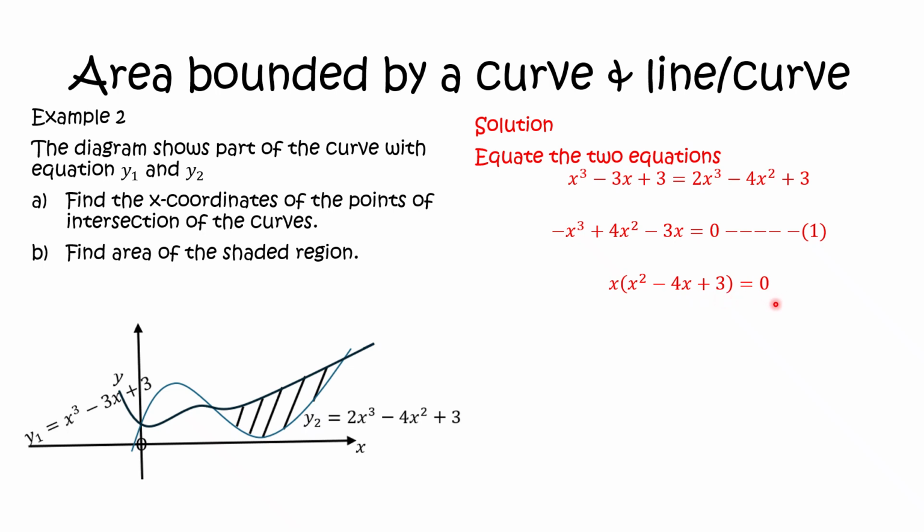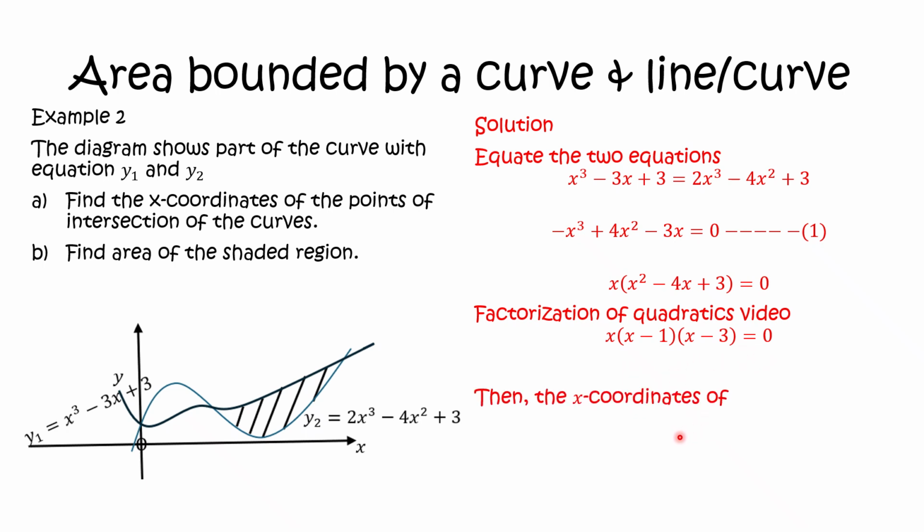So we have that. And recall, from the quadratic factorization video, we see that we get x times x minus 1 times x minus 3 is equals to 0. And setting all these 3 terms or parts to 0, we are going to get 3 x coordinates.